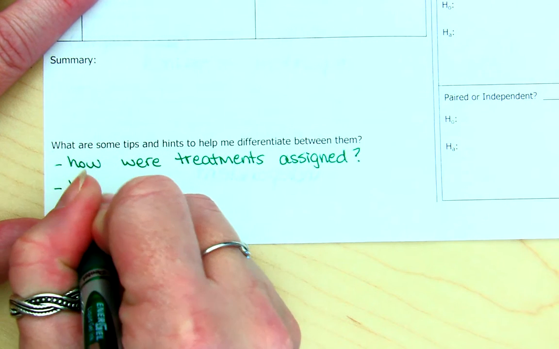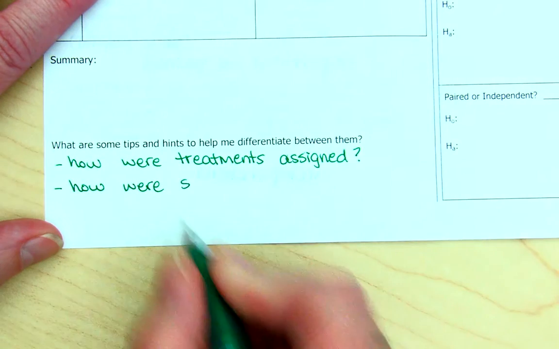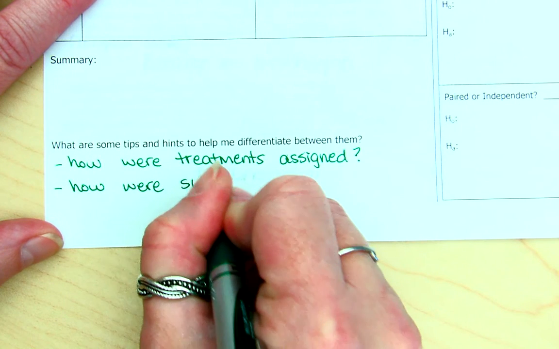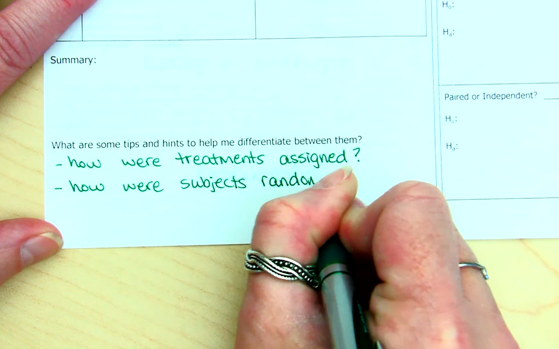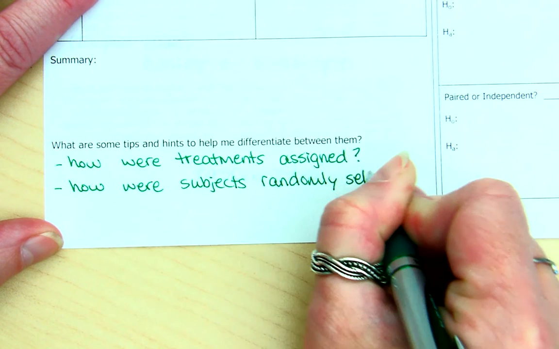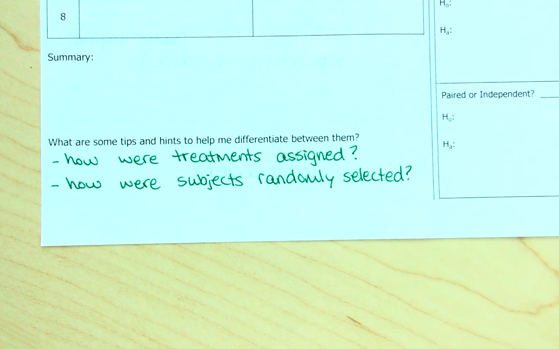Another thing you can look at is how were subjects randomly selected. So, for example, did they randomly select siblings, pairs of siblings? Did they randomly select sets of twins?